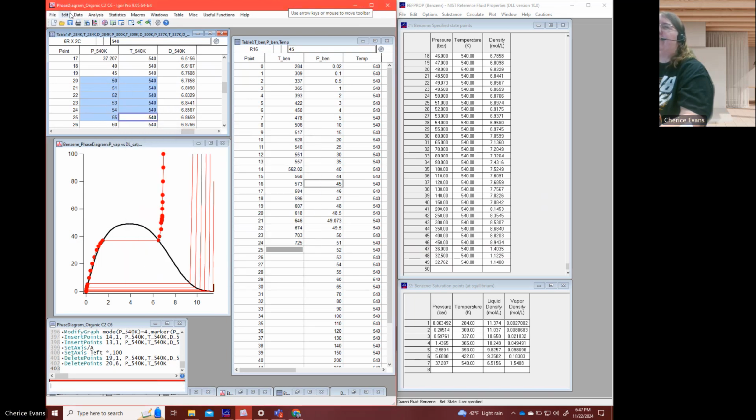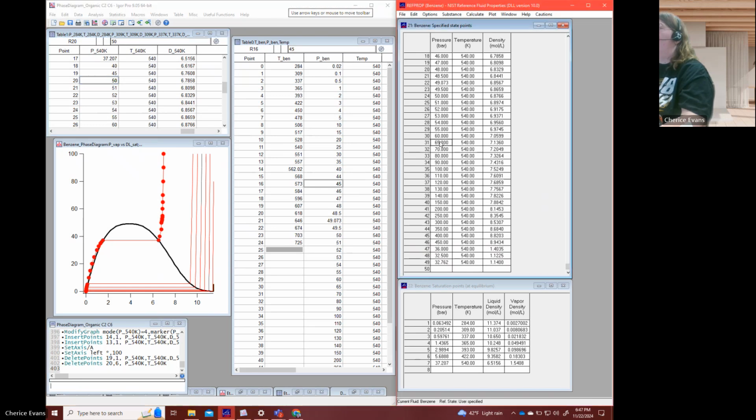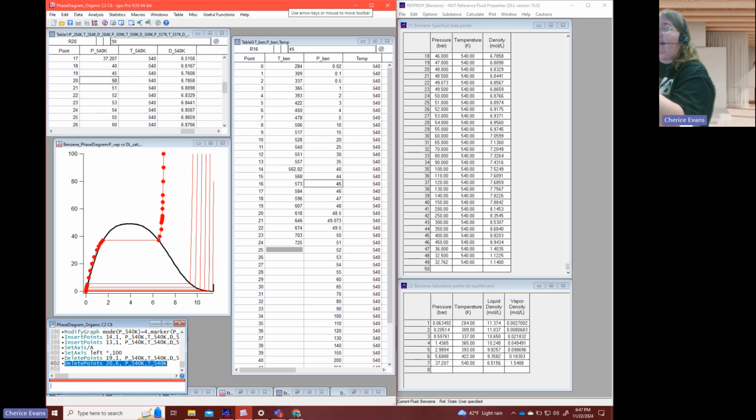Oops. And that was a mistake because I didn't actually delete the density. When you make a mistake like that, don't panic. You can't undo it, but you see it put the points I deleted in the history.